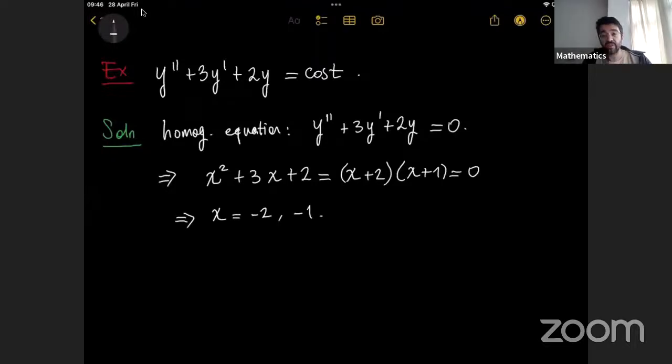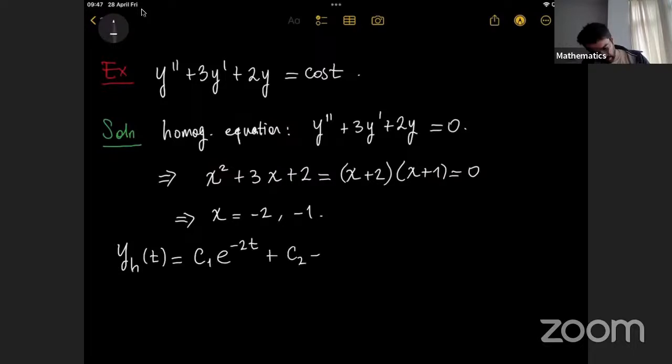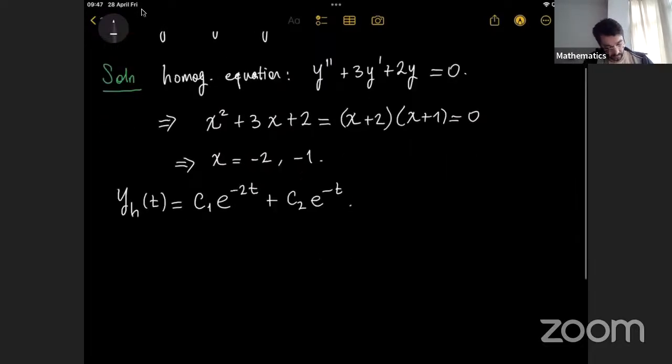We have two distinct roots. So the general solution for the homogeneous equation, y_h(t), is c1 e^(-2t) plus c2 e^(-t). Let's find a particular solution.